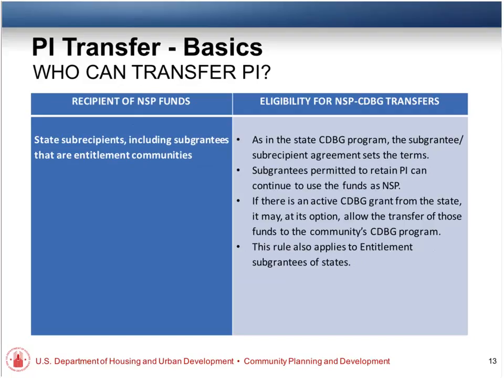All right. So this has probably generated more questions, and it's not as complicated as you might think, but state subrecipients are typically funded by the states through a method of distribution to units of general local governments, UGLGs, that we call them, and they have a relationship with them, and they specify whether they're allowed to keep program income from their CDBG program or not.